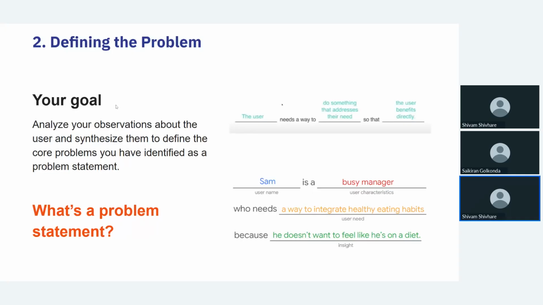So defining the problem is also most important. If you take an example, Sam is a busy manager. Here Sam is a username. Busy manager is the user characteristic. Who needs a way to integrate healthy eating habits. What Sam needs is to integrate eating good food, because he doesn't want to feel like he's on a diet.